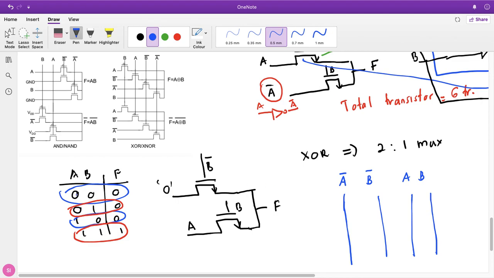If the input A is 0, the control line is 0. It's tied to B bar, B bar for the PMOS, to provide a strong 1, and it's tied to the output.